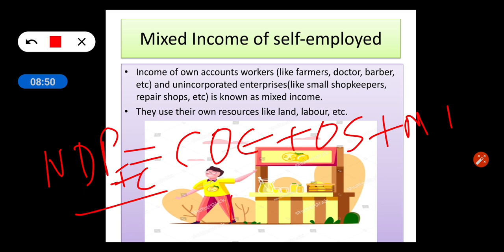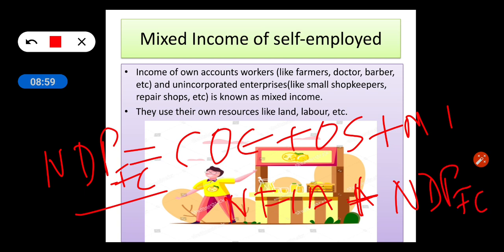And if we add NFIA to our NDP at FC, we get national income or NNP at FC.